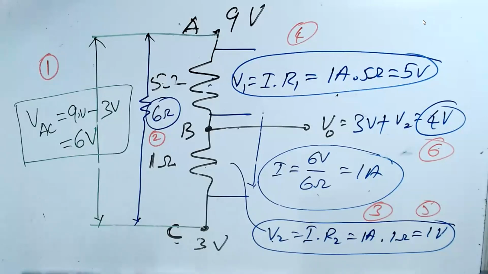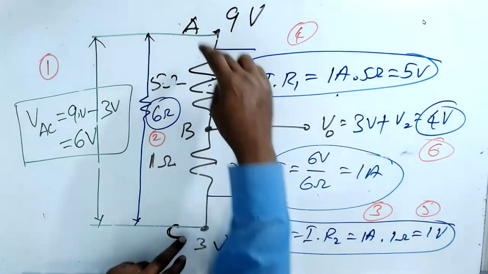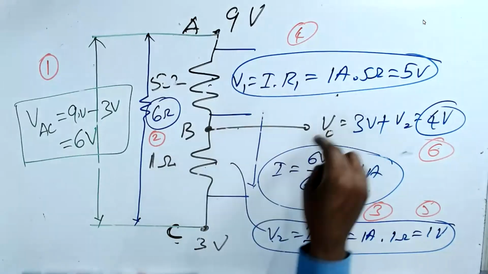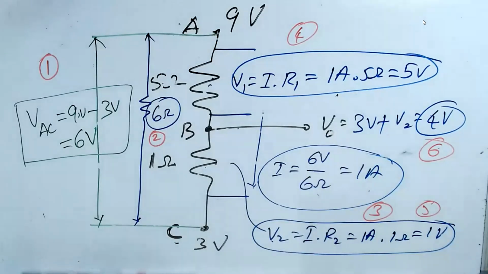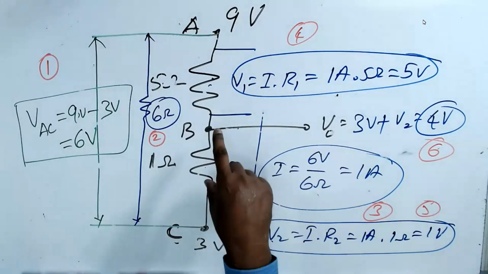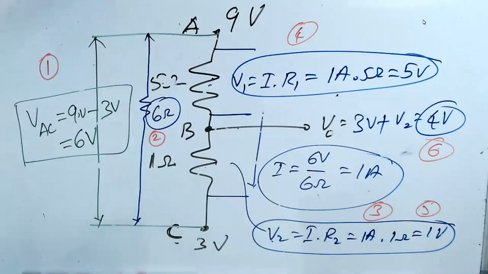How come you add V0 is equal to V1 plus V2? V1 and V2 are across VAC, but I'm asking only here. I'm asking here V0 with respect to ground. Please understand, voltage is potential difference.